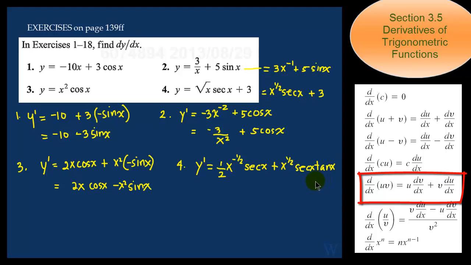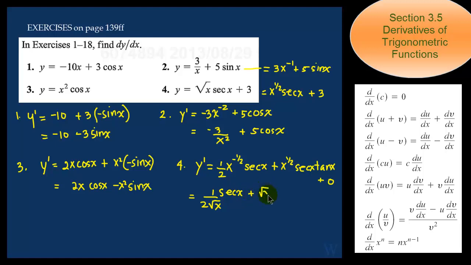So I'm just going to go ahead and write plus 0 here, just to show you that that's the derivative of the constant 3. And the rest would just be a few arithmetic steps. So we'll have 1 over 2 times the square root of x, secant x, plus the square root of x, secant x times tangent of x.